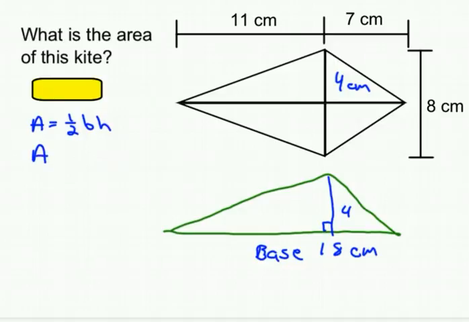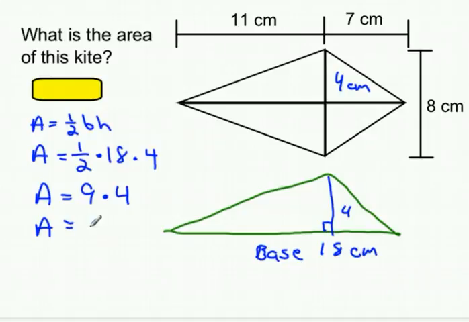So if we set up to do the math, we will have 1/2 of the base of 18, so 1/2 of 18 times a height of 4. All right, so we do the math, and we take 1/2 of 18 is 9, and now we multiply 9 times 4 in order to get the overall area of 36 square centimeters.